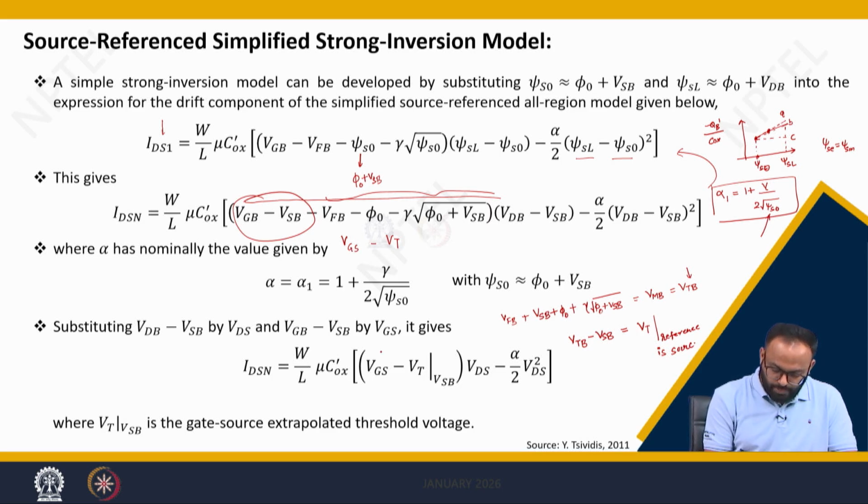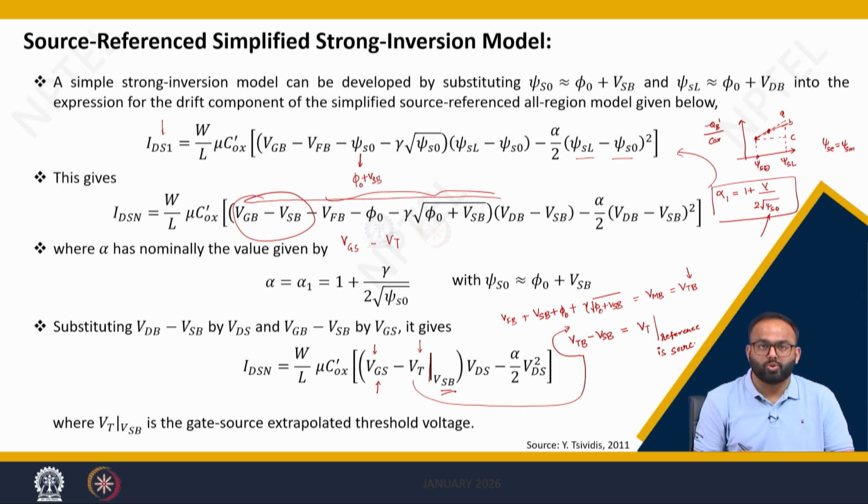So this equation can be written as VGS minus VT with VSB, correct. In general, we need not show again and again with respect to what we are calculating. If it is VGS, it is understood that VT is calculated with respect to source.